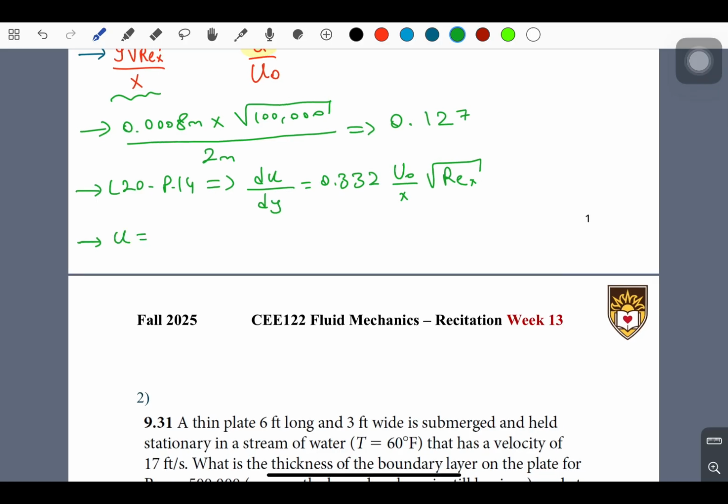So u will be equal to 0.332 times u0, which was 1 meter per second, divided by x, which is 2 meters, times the square root of the Reynolds number, multiplied by the thickness. And this gives 0.042 meter per second.